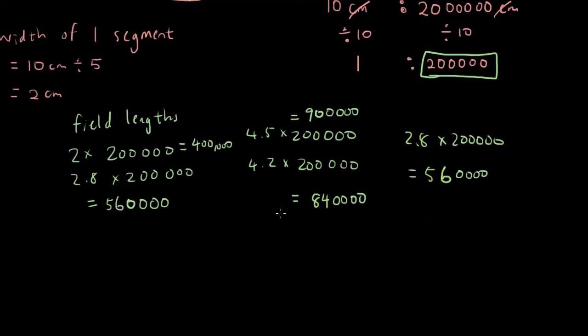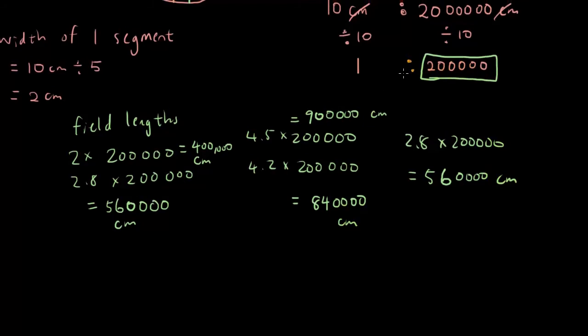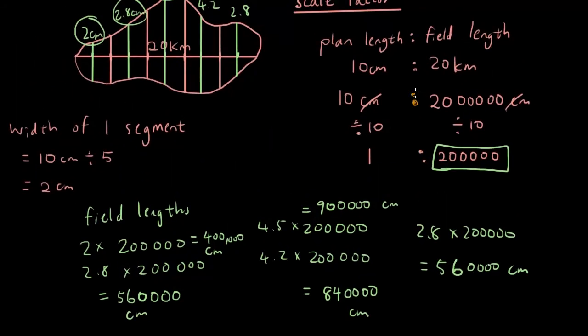So these are the real life lengths, and they are still in centimeters, because all we've done is multiply the plane lengths by the scale factor, but we haven't converted the units yet. We've just found how long they are in real life in centimeters.